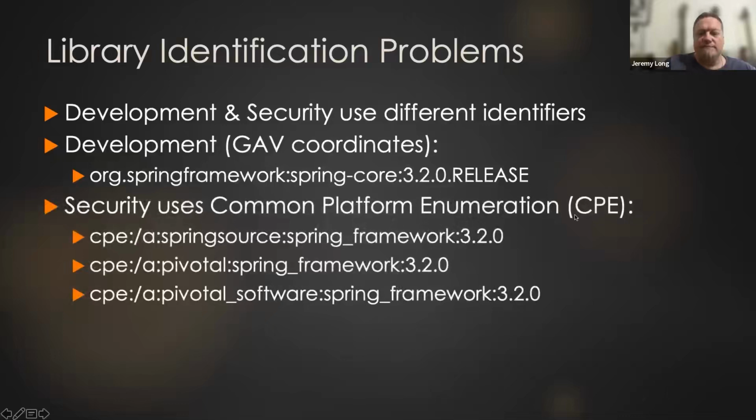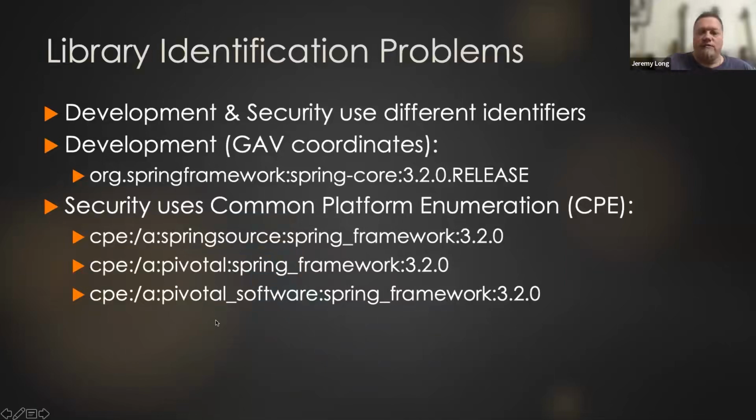And as I said, we use the common platform enumeration in security, because we like to attribute the owner or the vendor along with the platform. Where this gets interesting and problematic, and historically has been, is when you have products change owners, like SpringSource was bought by VMware, and VMware then spun off Pivotal.